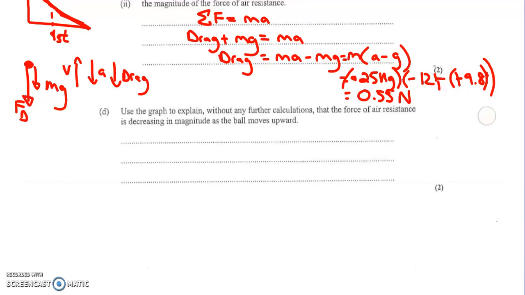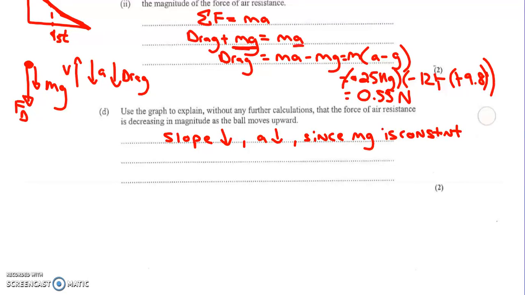And because I know that the slope is going down, that means that the acceleration is going down, and since mg is constant, if I look at the equation up above, I know that this value is constant.